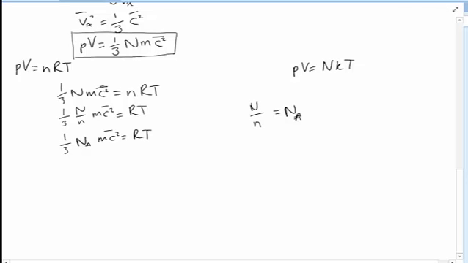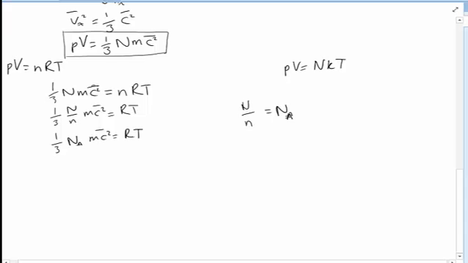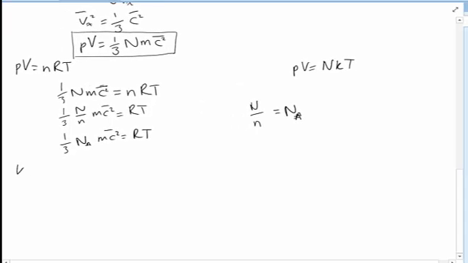Okay, so what we said we wanted was an equation for the kinetic energy of an average particle in the system. So we're going to use the equation KE equals half mv squared. We want something equivalent to that at the end of this.